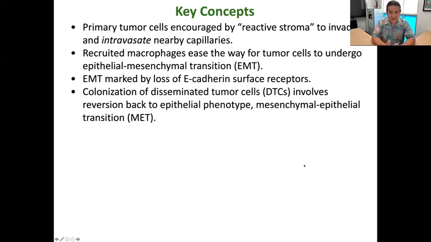Let's review some key concepts. So remember that primary tumor cells are encouraged by reactive stroma in order to invade and intravasate nearby capillaries. Remember, this reactive stroma is the confused and manipulated stroma that up until this point had been just supporting the epithelial cells that were growing.